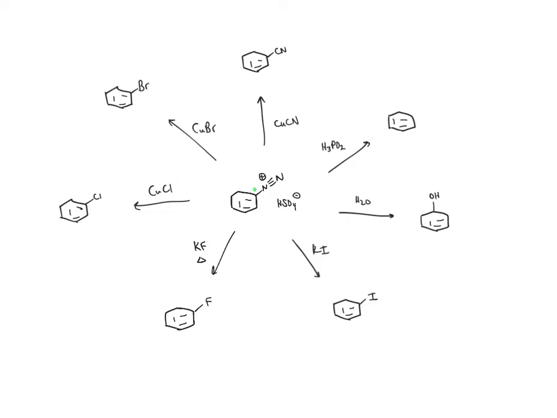And so the first reaction I want to talk about is the reaction with KF, or we could react this molecule also with HBF4. Okay, so let's talk about those. All right, so the first name reaction that we're going to come across here is known as the Schiemann reaction.